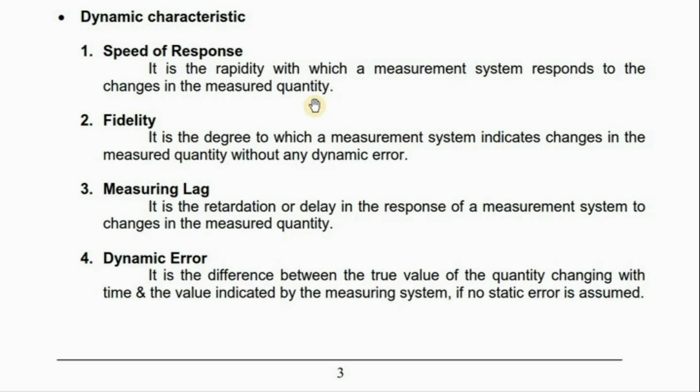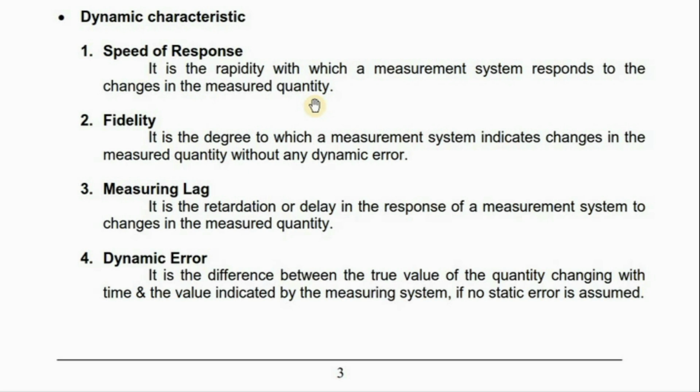Now, some instruments have a very low speed of response. Even when the actual temperature has reached the higher value of about 8 degrees within, suppose, 5 seconds, the instrument will not show 8 degrees Celsius within 5 seconds.